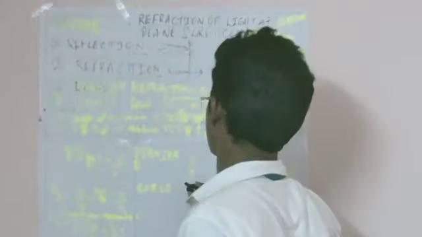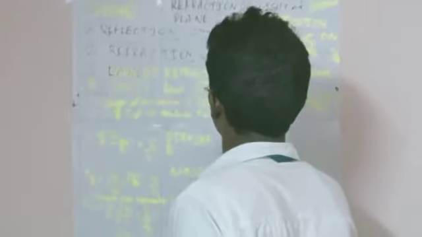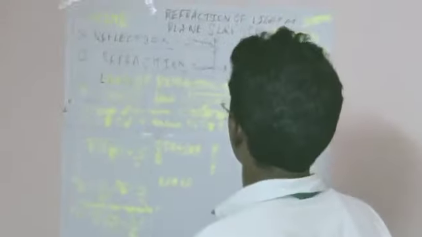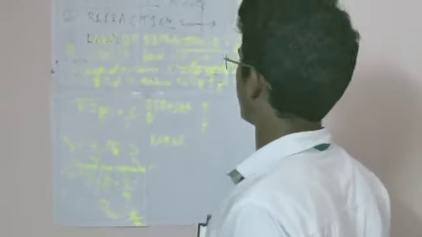See, if I take this normal surface like this, when a light ray coming from infinity or some place bends towards the normal, it comes towards the normal.